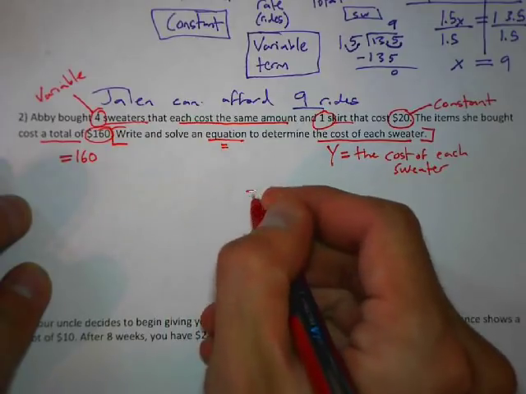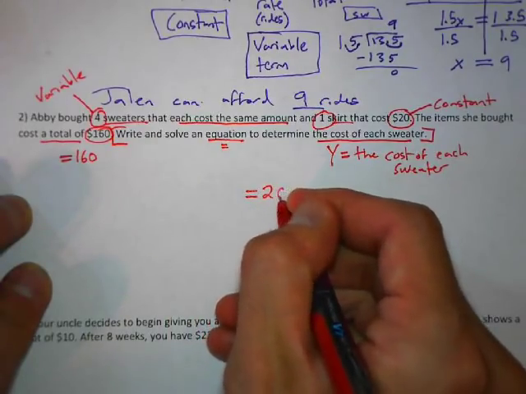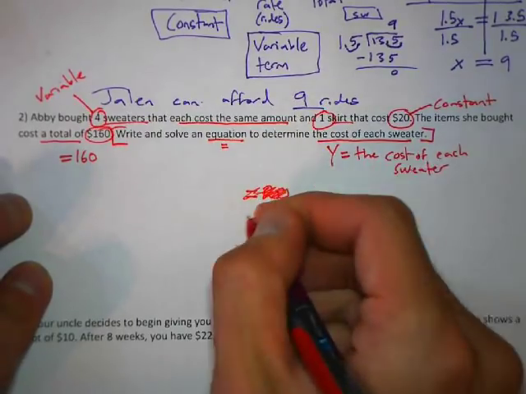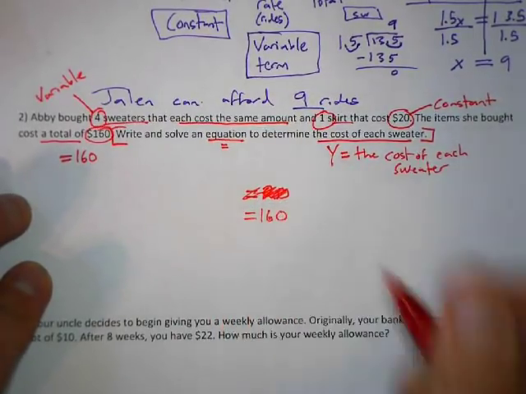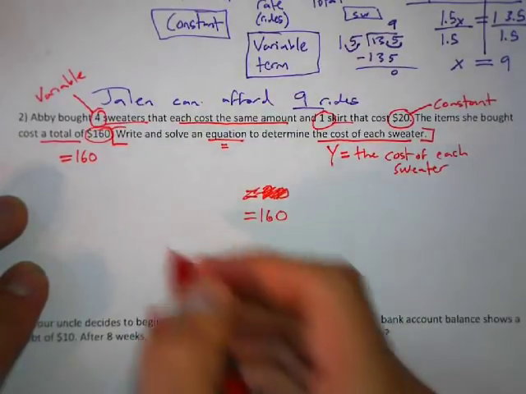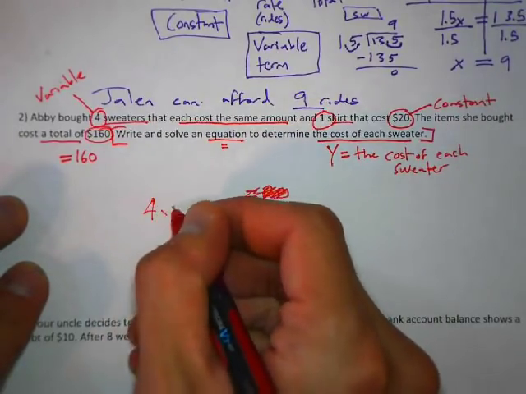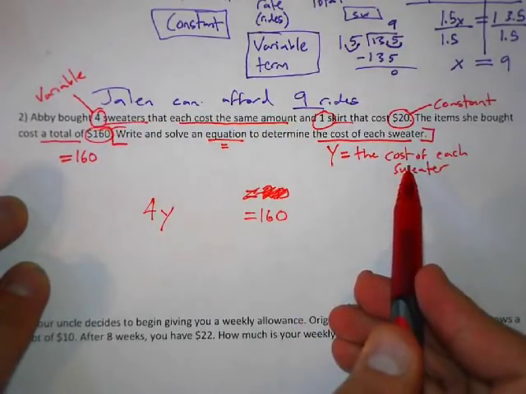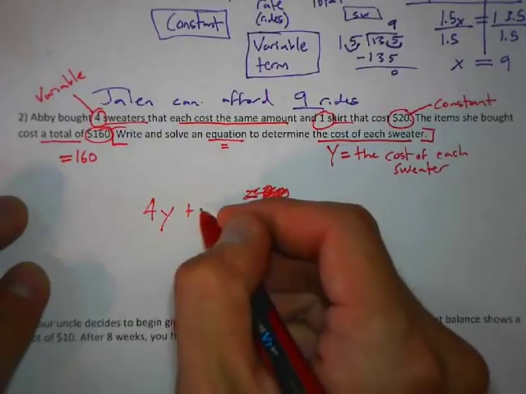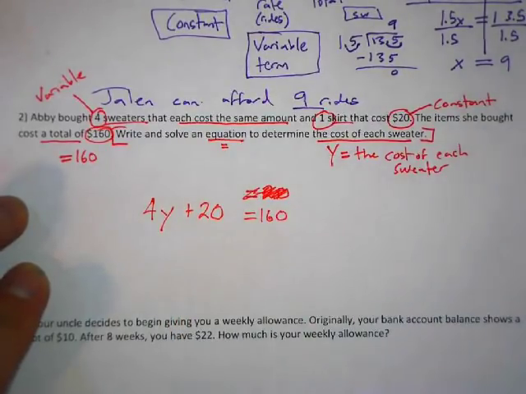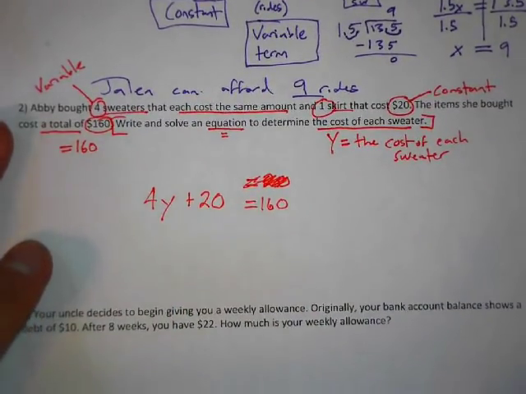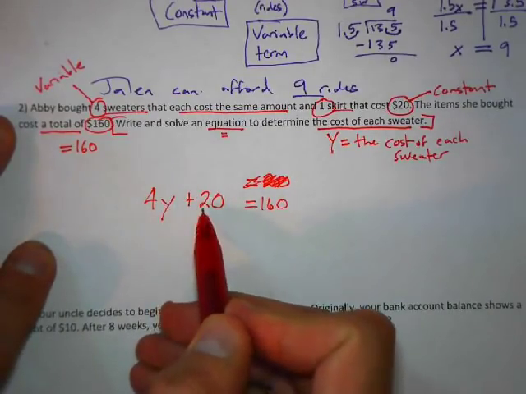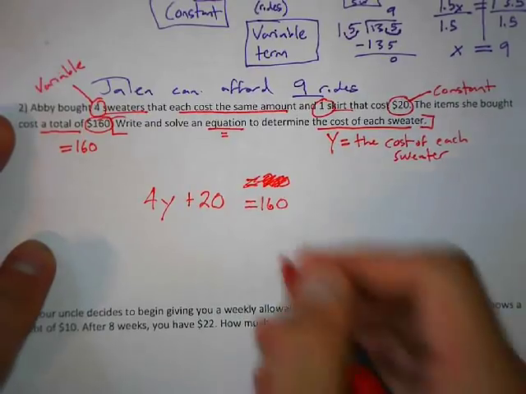I know everything is going to be equal to 160 because that's the total. And the variable term is 4 times y, because I have to do 4 sweaters times the cost of the sweaters. And the constant is 20, because 1 skirt is $20. Alright? Look, equation looks great. This just says 4 sweaters that cost some amount plus $20 is going to be equal to 160.